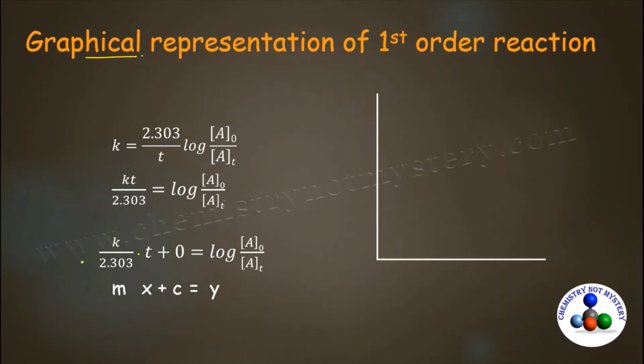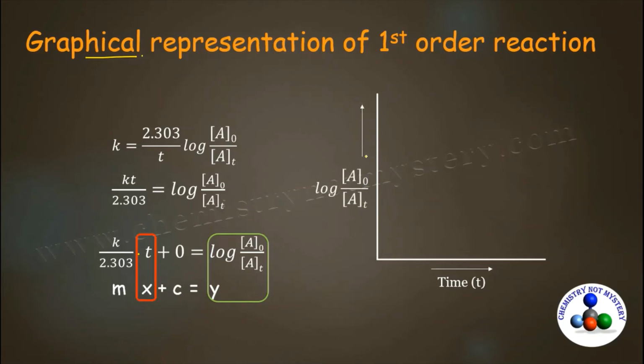When you compare both equations, x can be compared with the time. So on the x axis we have plotted time, and y can be compared with log A naught over At. That's why I have plotted log A naught over At on the y axis. Here the intercept is 0. That means the straight line will originate from the origin with the slope k upon 2.303. So here this is the straight line with the slope k over 2.303. Intercept is 0.